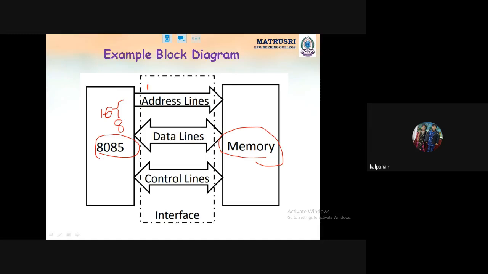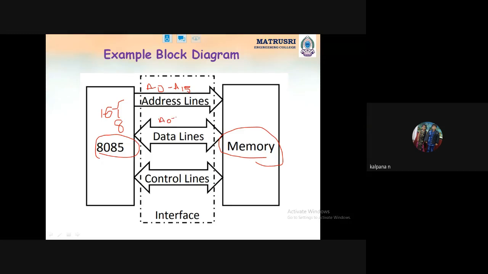So, in order to interface this memory with the 8085, first we need to connect all the address lines, A0 to A15. How many address lines do we need to connect to the memory? All of them, A0 to A15. Among these, A0 to A7 are multiplexed with which lines?